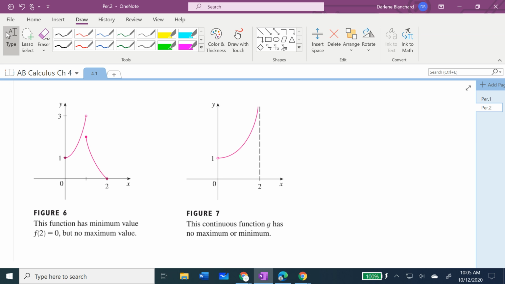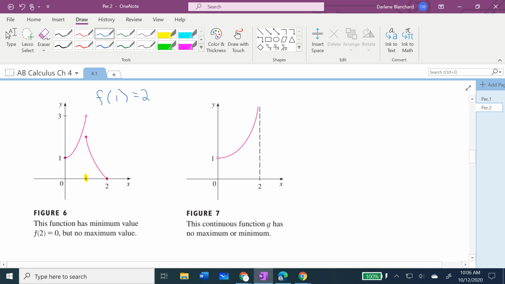Figure 6 shows a discontinuity in the middle of the interval. And if I were to ask you what is f of 1 for this first graph, you would say probably 2 is f of 1.